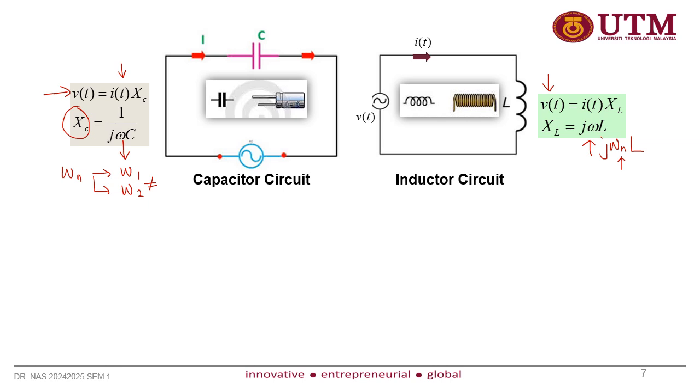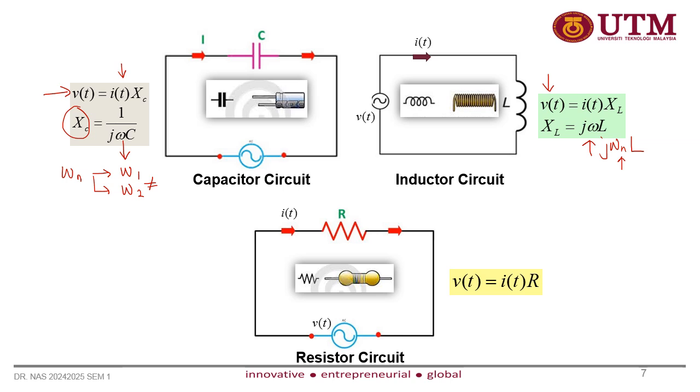If you have 3 harmonics, you need to consider omega 1, omega 2, and omega 3. Lastly, when you have a resistor inside the circuit, V is equal to I R. In this case, you don't have to consider the omega.